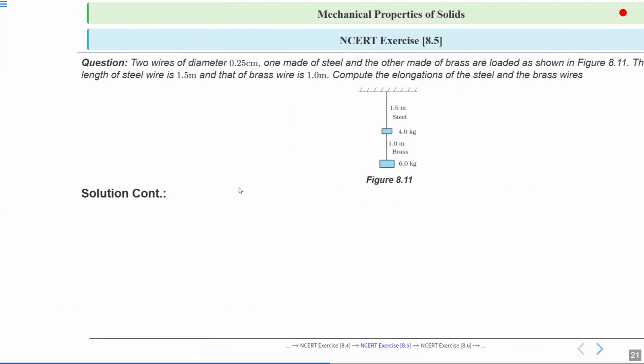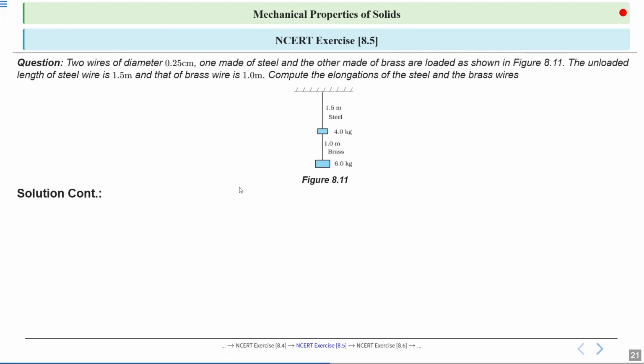Alright. Now let's focus on the steel wire first. So we will use the concept of Young's modulus, which measures how stiff a material is. The formula for Young's modulus is Y1 equal to F1 divided by A1 divided by delta L1 divided by L1.